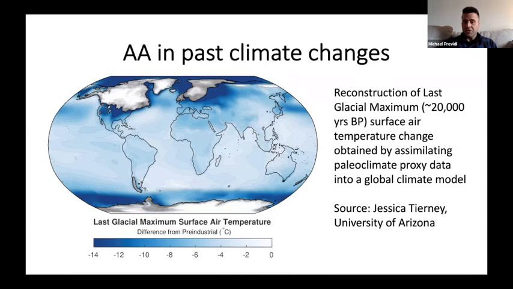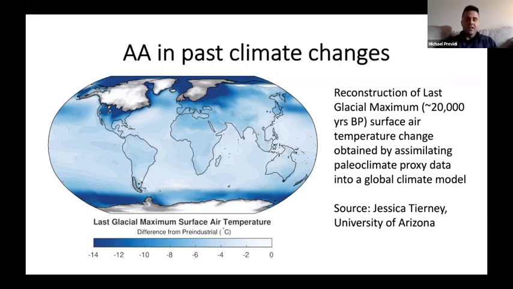In this particular example, there were a few different indicators of past sea surface temperature changes at the last glacial maximum. And we only have these paleoclimate data over a relatively few number of locations across the globe. So what was done to produce this plot was to put those paleoclimate data into a global climate model, and the climate model essentially fills in the rest of the field, fills in the gaps in between where we have data.